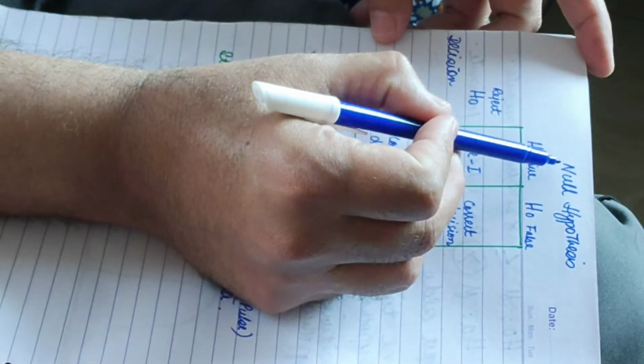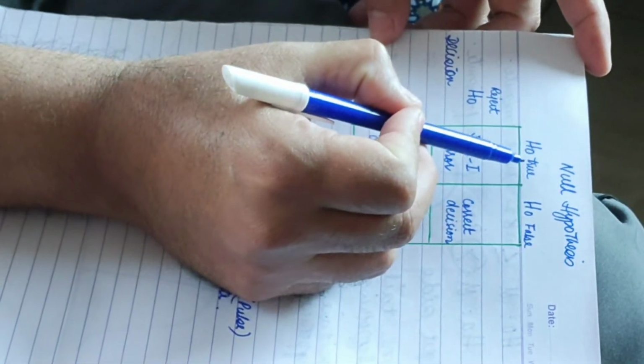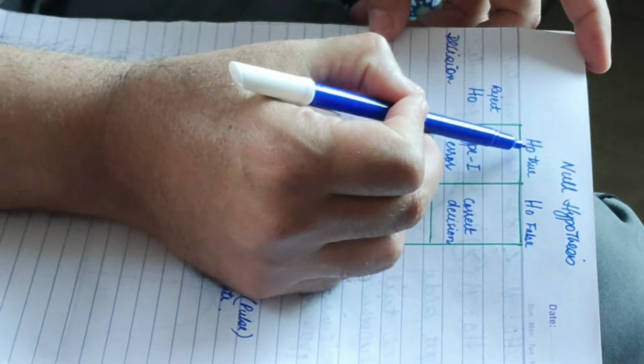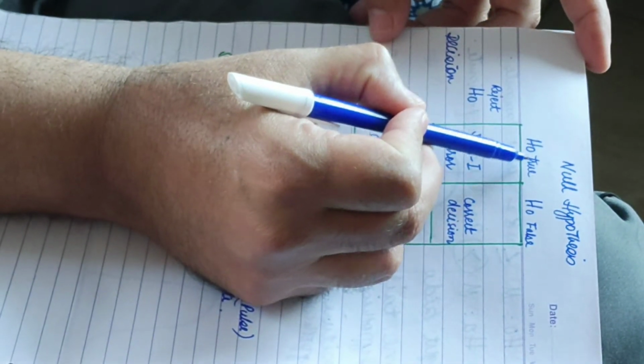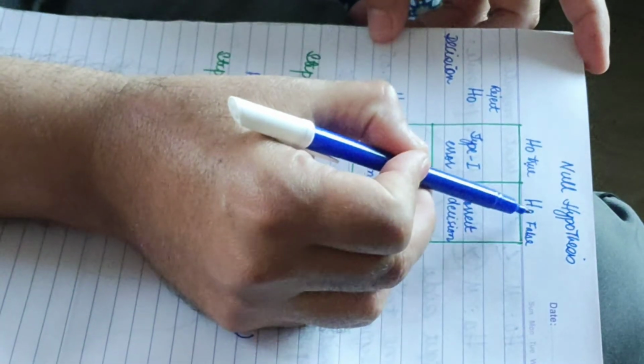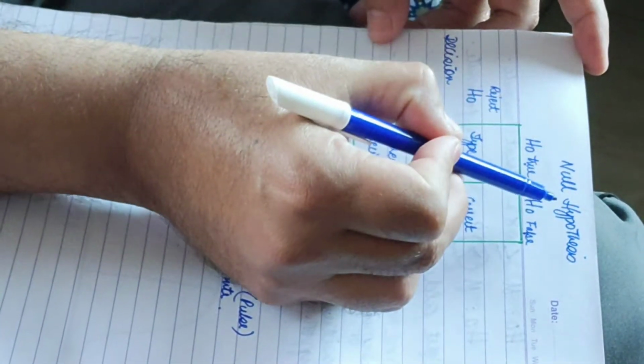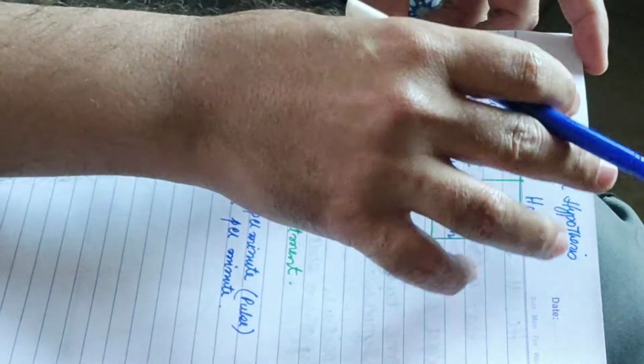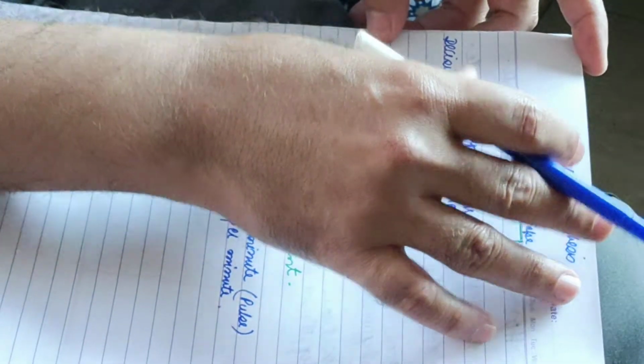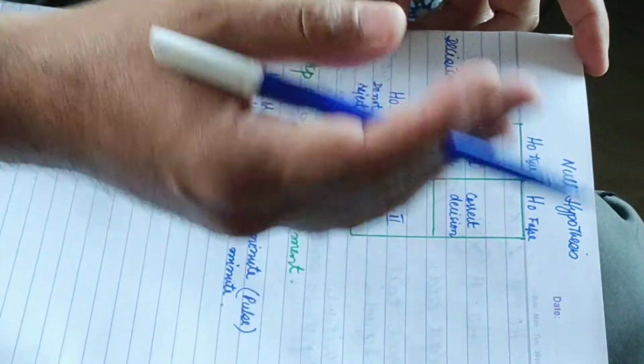At the top of this 2 by 2 table it is written: the null hypothesis is true or the null hypothesis is false. The top title is for the hypothesis statement, either it is true or it is false.